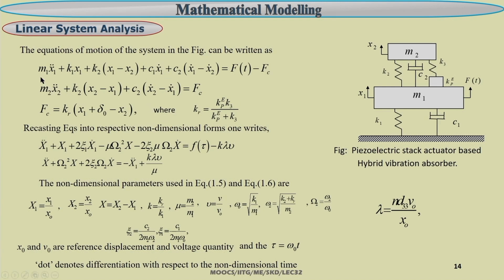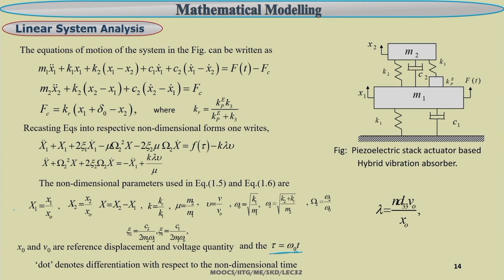Now by dividing the first equation by m1, the equation can be reduced. Taking root over k1 by m1 equal to omega 0, and taking a non-dimensional time, tau equal to omega 0 t, the equation can be non-dimensionalized.